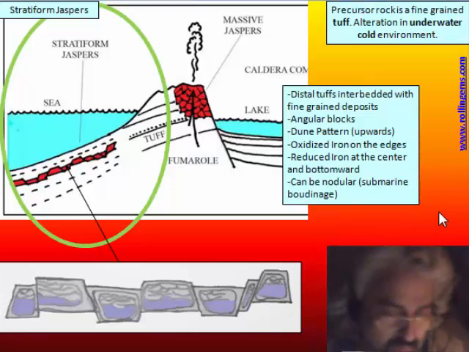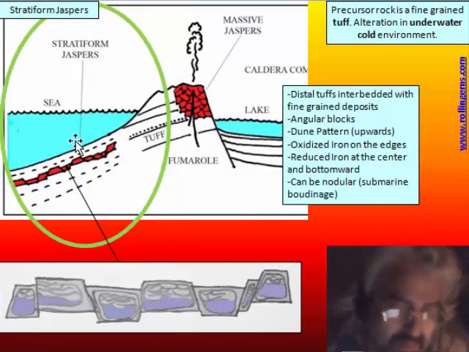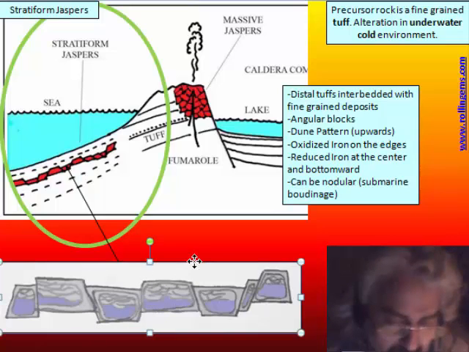So if we want to resume, stratiform jasper are formed in this geological environment: fine tuff, underwater, distal from volcanoes. The block are the result of the fracturation of a bed that are angular and squared. And we can clearly see that the pattern is formed after the fracturation.